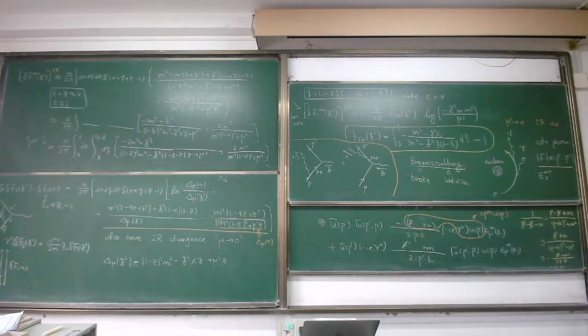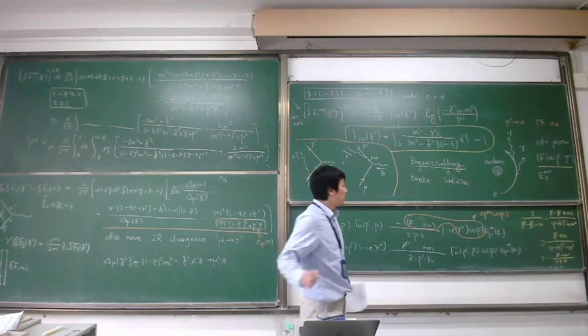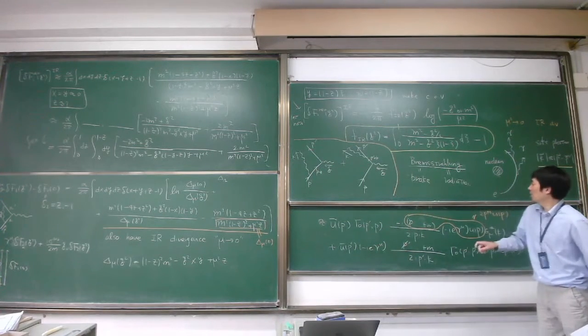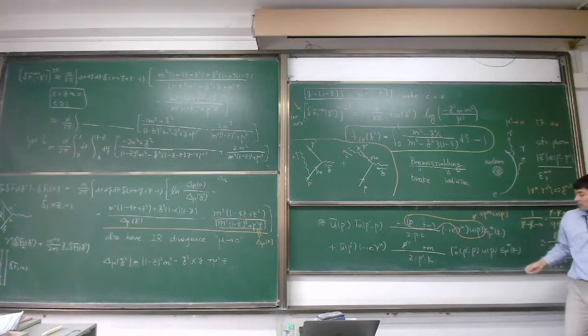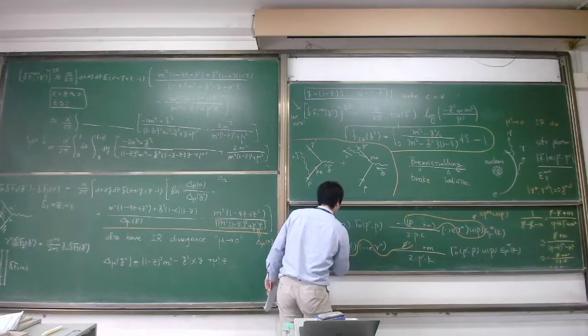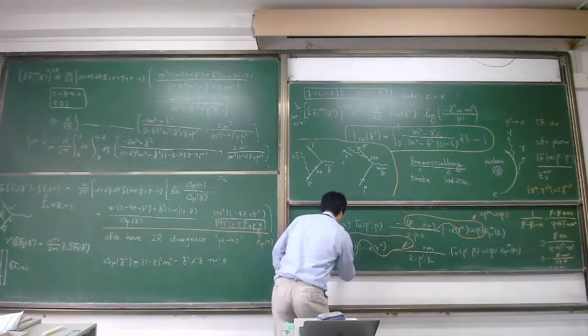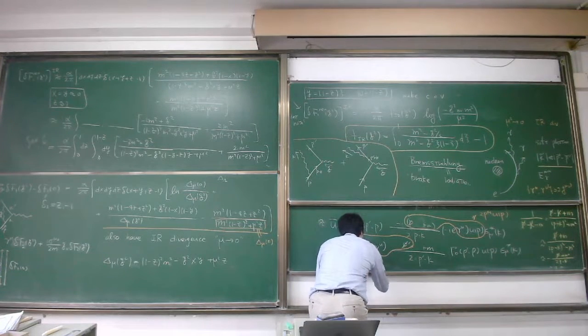Okay, so this is okay. Good. So you just apply Clifford algebra. As you know, Clifford algebra, you apply this one, you get this one. Likewise, if you apply this one, this is equal to 2p prime mu u bar p.